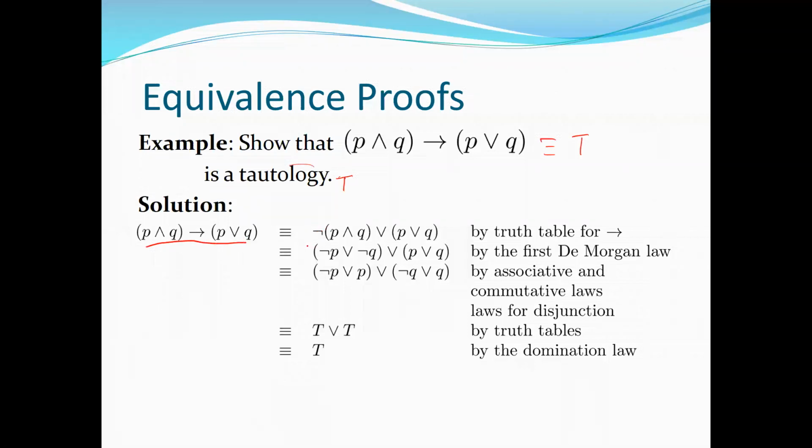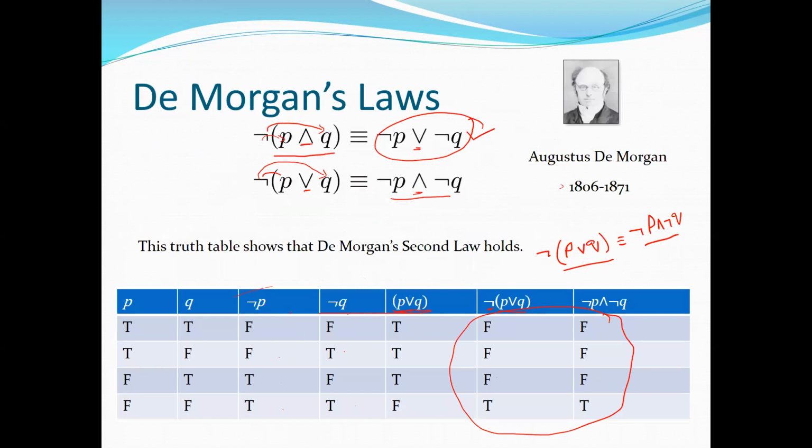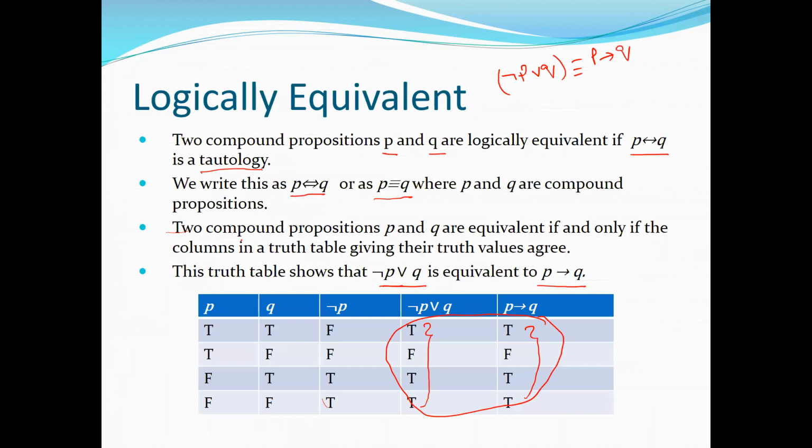We know the truth table of this negation. This is logically equivalent to, from the previous slides, we have seen that this is not (P and Q) or (P or Q). They are equivalent. We have just proved it here, right?